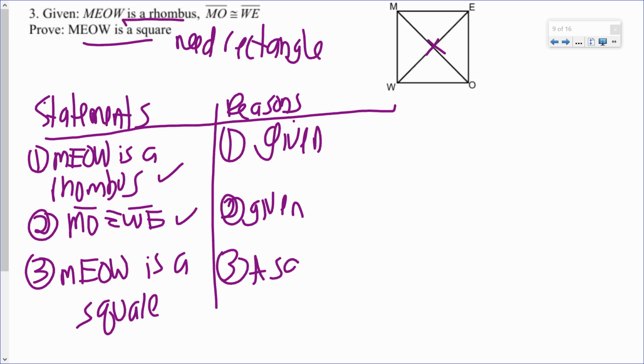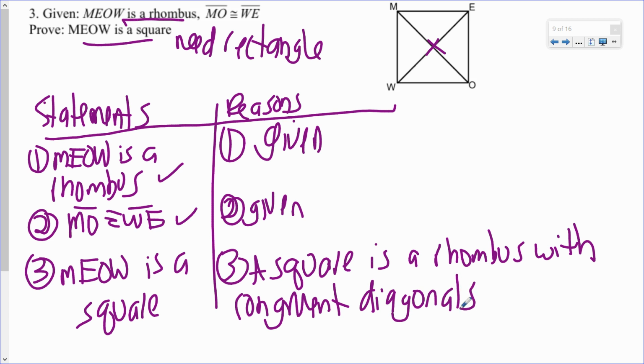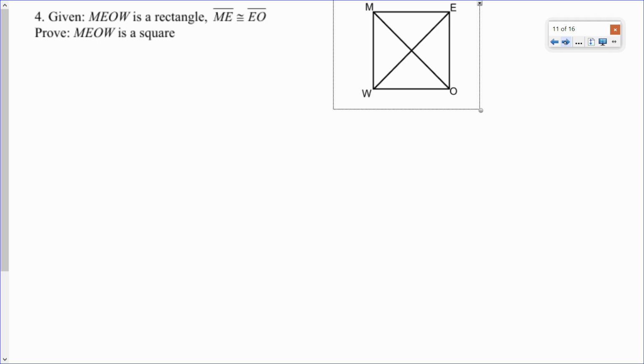A square is a rhombus with, because that's what I had, I had that it was a rhombus, which rectangle proof did I use? Congruent diagonals. And one more, pretty much the same thing, but not.